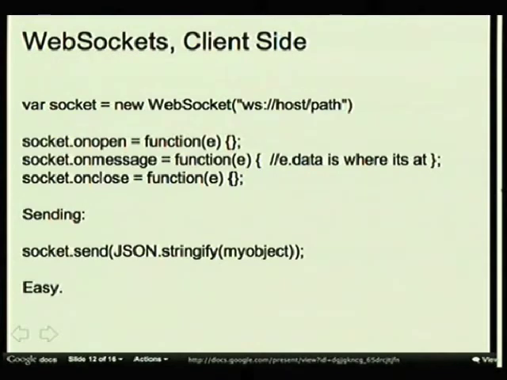You create a WebSocket object in JavaScript, and then there are various event handlers: one for when it opens and the connection has been established, one for when a message comes down from the server, and one for when the connection has been closed for whatever reason. Maybe the server crashed or something like that. Then to send, it's simply socket.send, and you can send any kind of data there. It's probably best to use JSON or something like that.